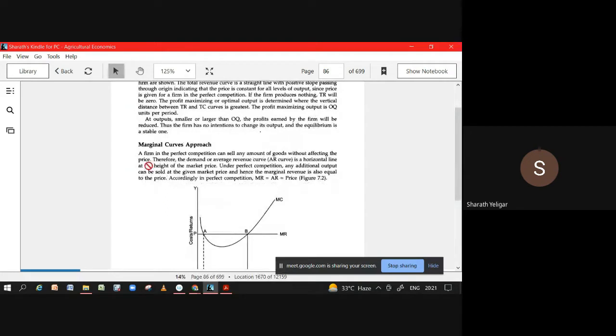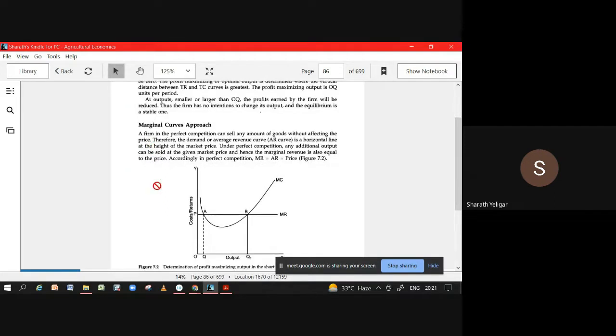Now we did total cost and total revenue. Now we are doing marginal cost and marginal revenue. Remember one thing: there are 2 conditions here. One is that marginal cost should intersect marginal revenue. Second is that it should intersect from below. That is, the slope of marginal cost should be more than the slope of marginal revenue.